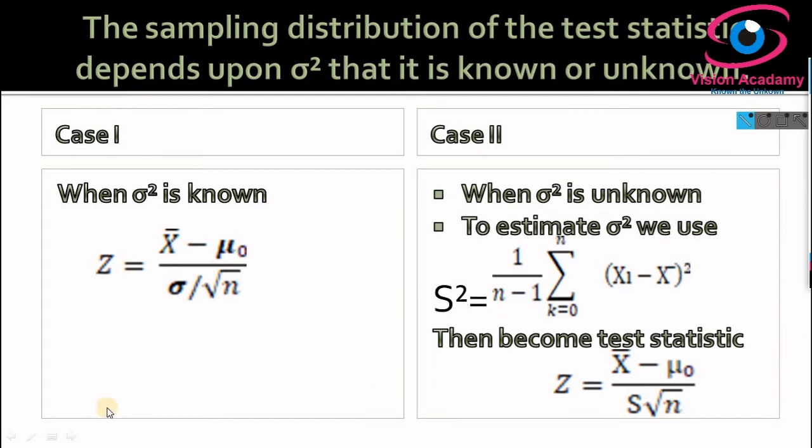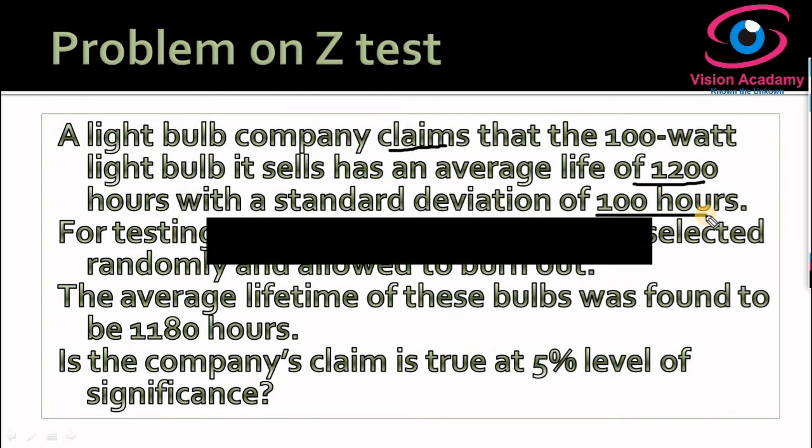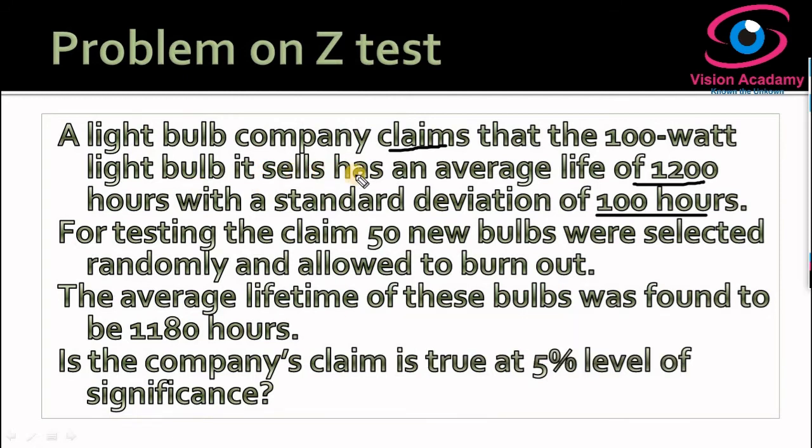Now let us consider a real problem for which we can formulate a hypothesis and test it. Consider a problem here. A light bulb company claims, and you should concentrate on the claim, that its 100-watt light bulb has an average life of 1200 hours with a standard deviation of 100 hours.